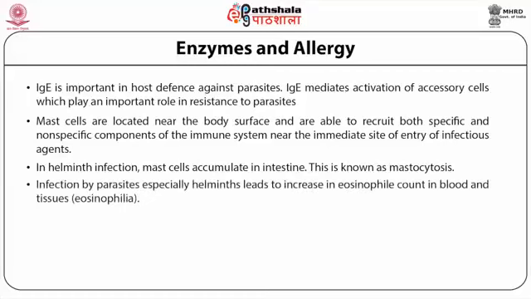Infection by parasites, especially helminths, leads to an increase in eosinophil count in blood and tissues. This is known as eosinophilia. Eosinophils obviously have a critical role in defense against helminths. If polyclonal anti-eosinophil antibody is injected to deplete eosinophils, it increases the severity of the infection by the worm Schistosoma mansoni.